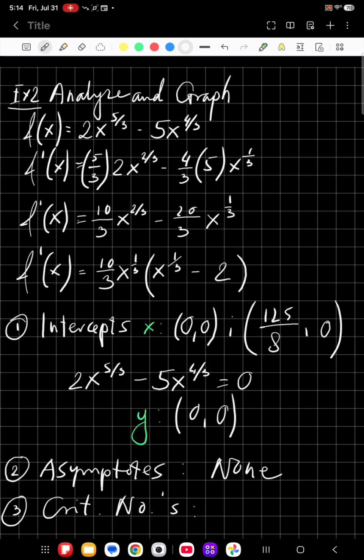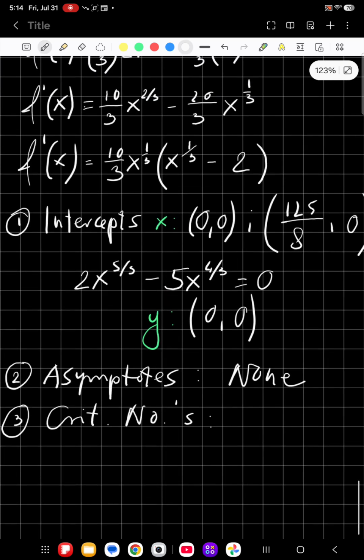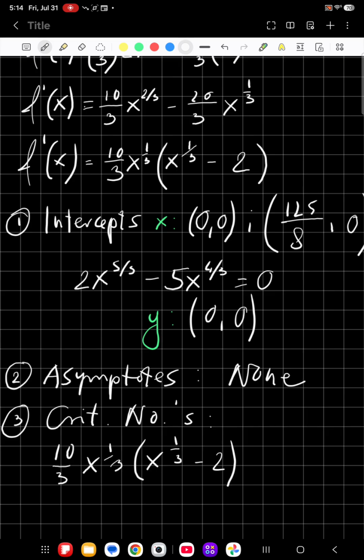Okay. To find critical numbers, I hope you remember, we just reviewed that, or critical points. We take the first derivative. Oh, sorry, I said second derivative. So 10/3 x to 1/3, and then I have x to 1/3 minus 2. Again, it's not easy to solve.